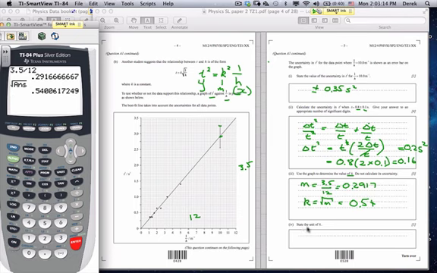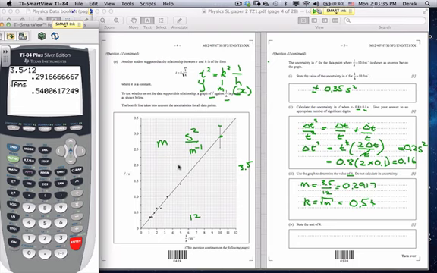Now it says over here state the unit of k, so we've got the value of k here. So our unit, obviously, when finding the slope, we had this, which was s squared divided by meters to the -1.